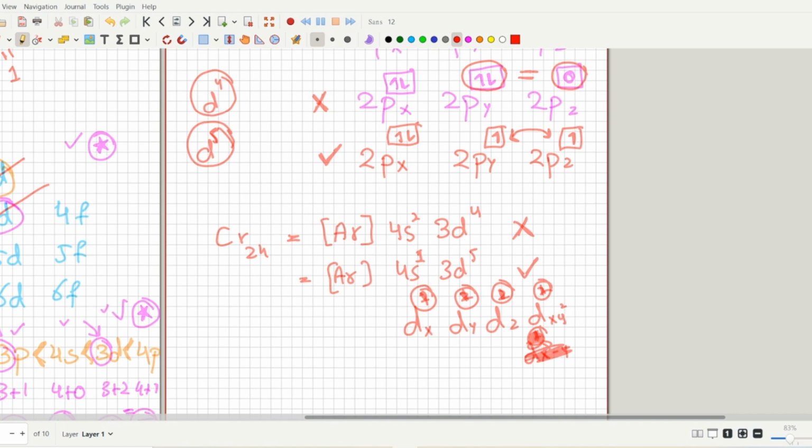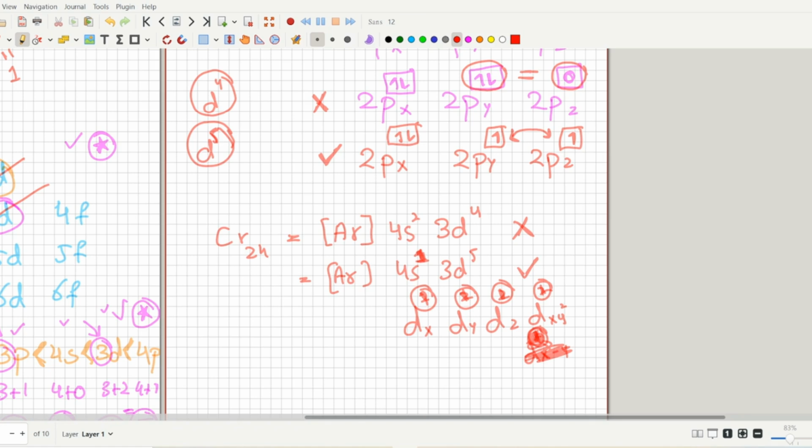So if you take the one electron from s and use it in this subshell, that is dx squared minus y squared, it will also have one electron. So now you have a really stable configuration in which all of these orbitals have the same number of electrons, that is 1, and this electron configuration is much more stable than 3d4. 3d5 is more stable than 3d4.